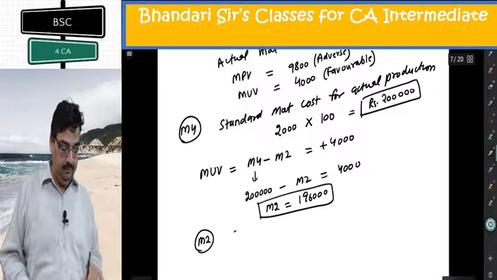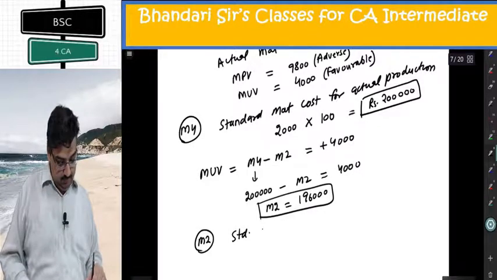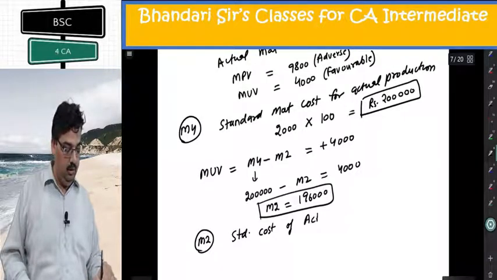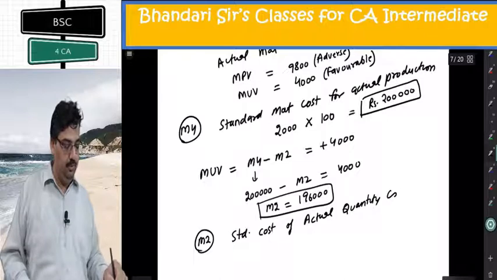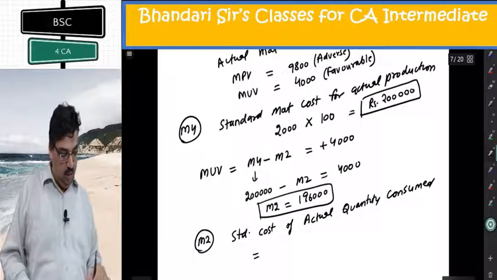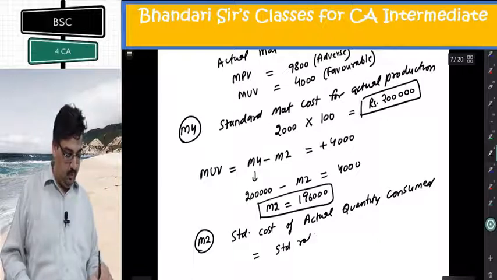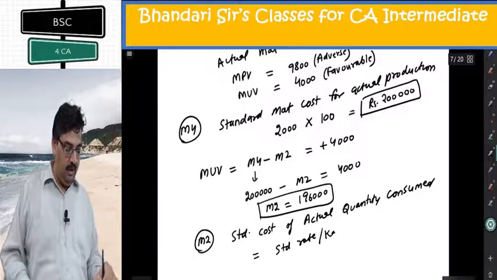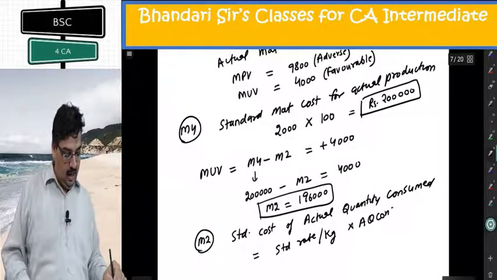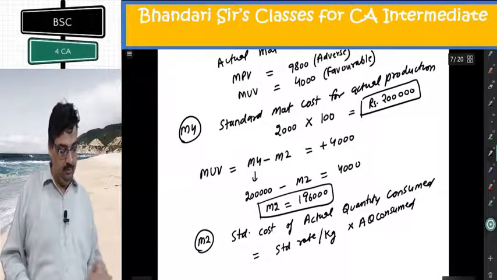Now, what is M2? Must define. Standard cost of actual quantity consumed is equal to standard rate per kg multiplied by actual quantity consumed.